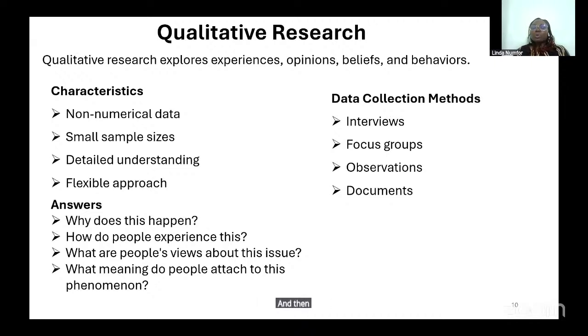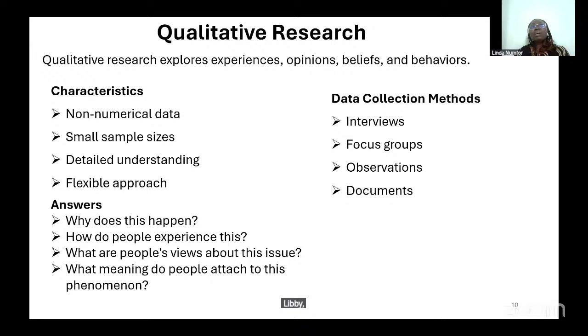And then, for you to carry out this qualitative research methodology, you can use interviews. You can use focus groups, where you focus maybe on students using AI to do assignments. That's a focus group. You focus on students only. Then you can also do observations.